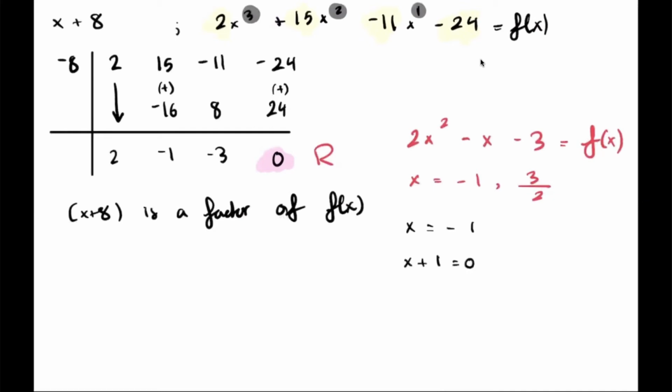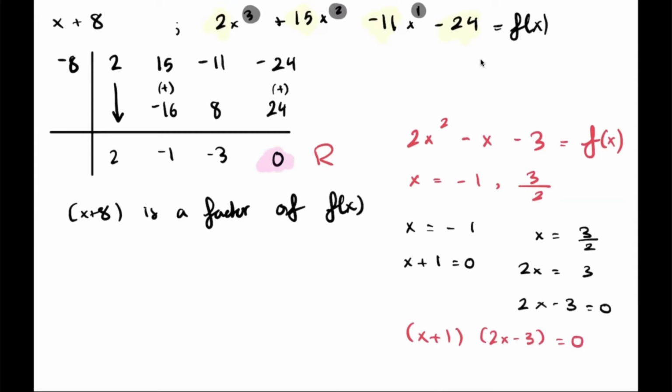And x equals 3 over 2. You will take the 2 to the other side, so you will multiply by 2, so 2x equals 3. Then you will take 3 to the other side, so 2x minus 3 equals 0. Then you rewrite it as x plus 1 times 2x minus 3 equals 0.